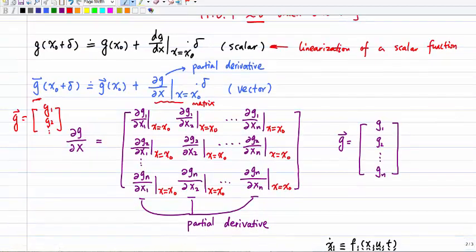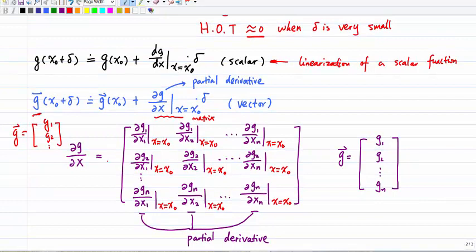In particular, partial g over partial x evaluated at x equal to x0 is a matrix. The matrix is computed as follows, assuming my g vector is given by g1, g2, up to gn, and my vector x is given by x1, x2, up to xn. Then partial g over partial x evaluated at x0 is given by partial g1 over partial x1, partial g1 over partial x2, up to partial g1 over partial xn, all evaluated at x equal to x0.